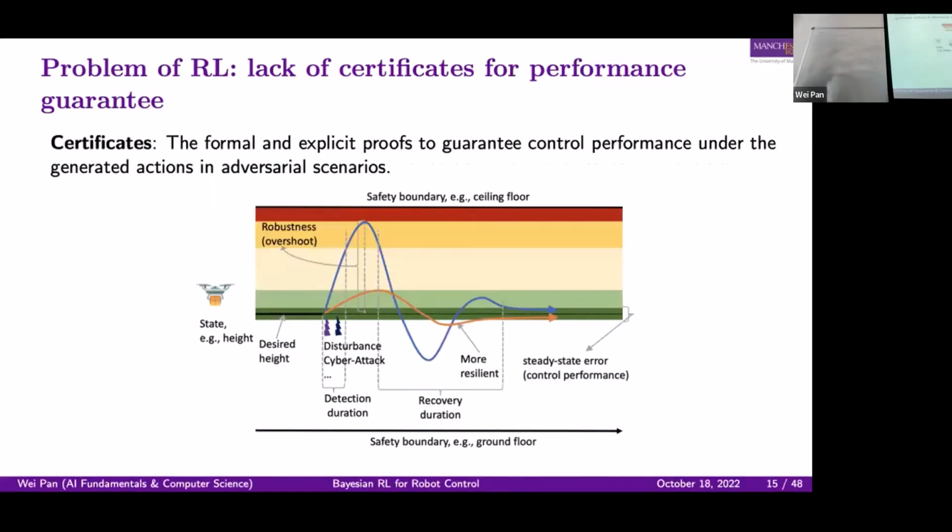And more formally, a certificate can be defined as the formal and explicit proof to guarantee control performance under the generated actions in adversarial scenarios. For example, there are detection duration, recovery duration, resiliency, robustness, and steady state error, and so on and so forth. And in this talk, I will focus on the safety constraint.